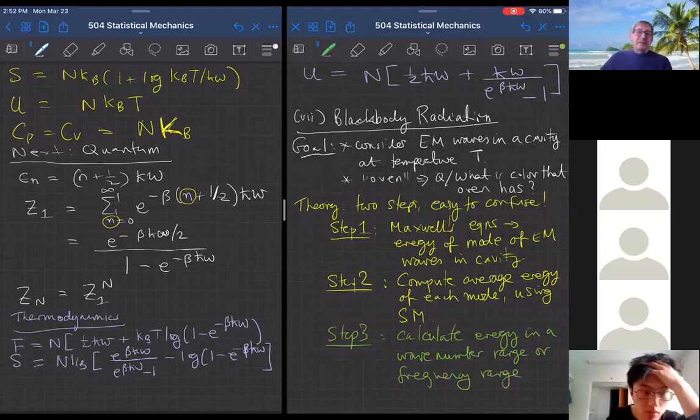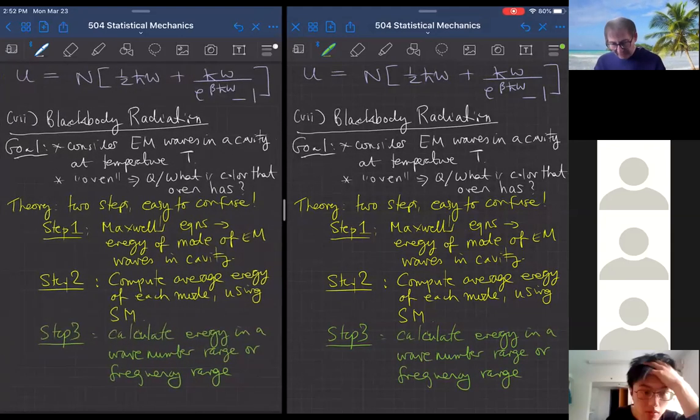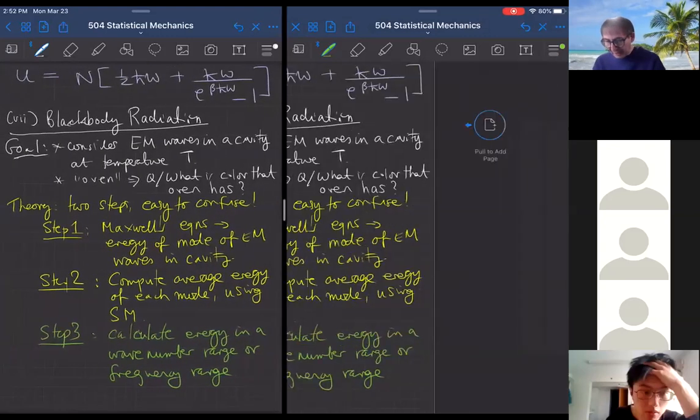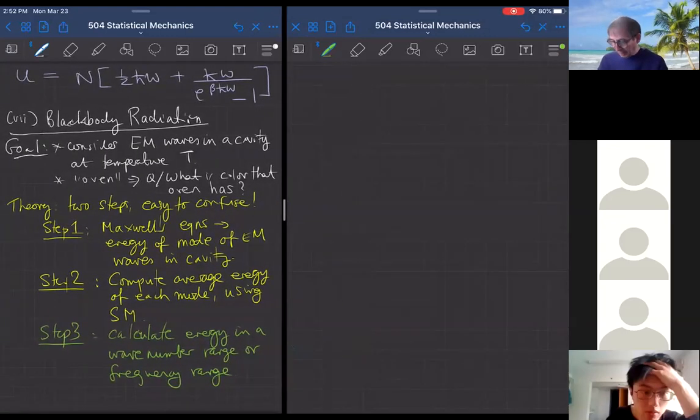And if we know the energy in a particular frequency range, then we can say what the color is going to be. So that helps us answer the question. Okay, so let's go ahead and do that.